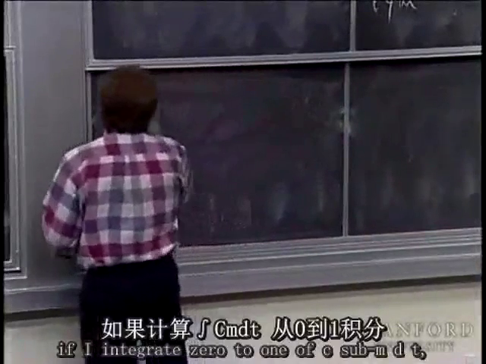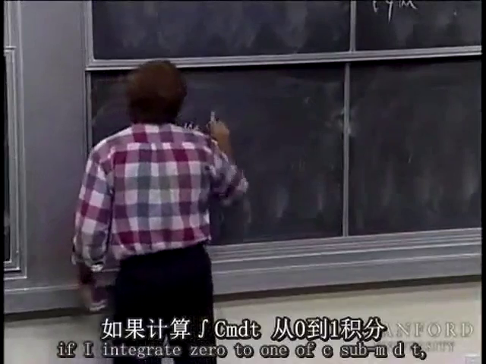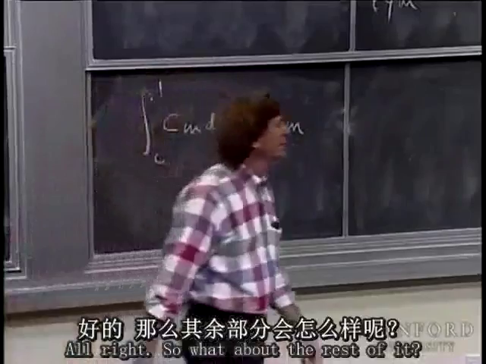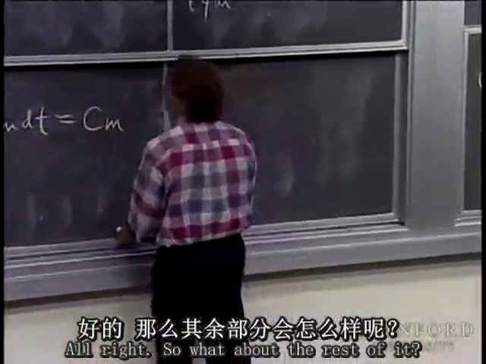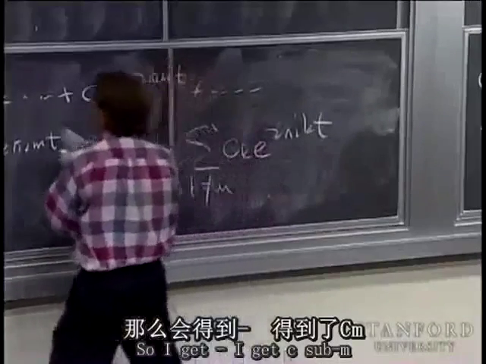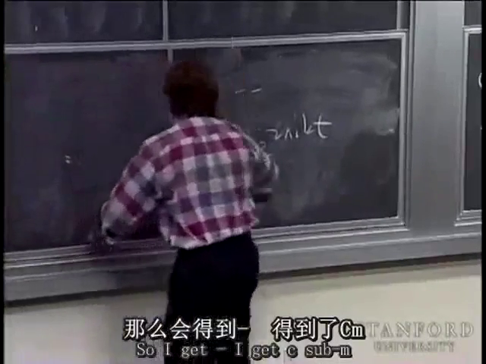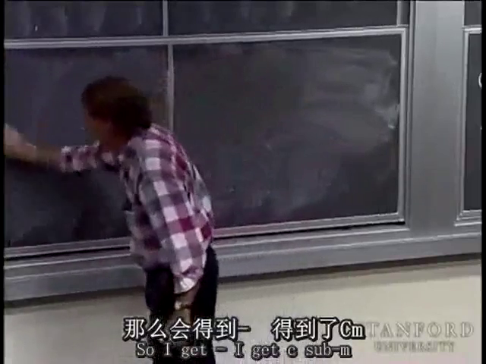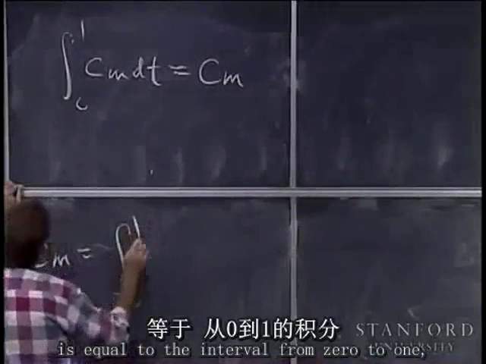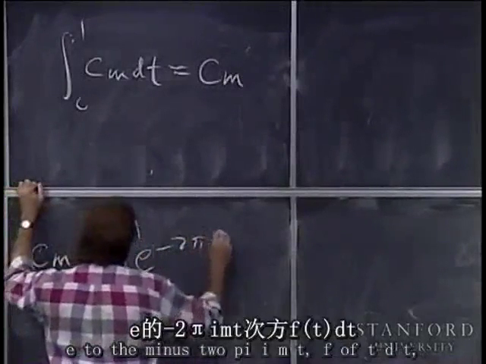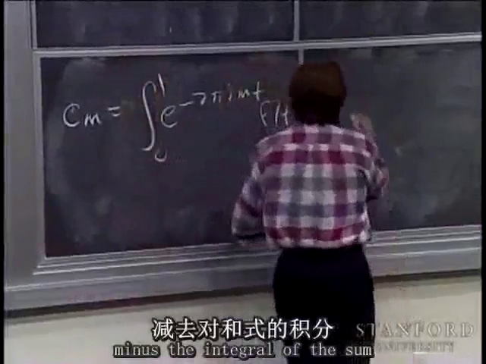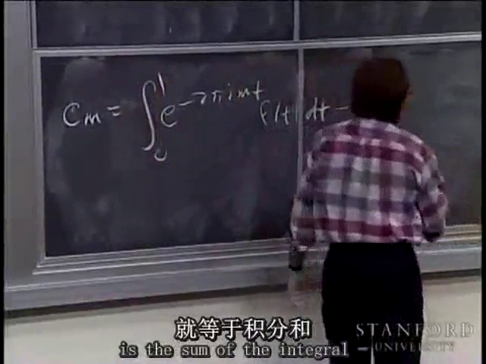Well, certainly if I integrate 0 to 1 of C sub m dt, that just gives me C sub m. All right? So what about the rest of it? So I get C sub m is equal to the integral from 0 to 1 of e to the minus 2 pi i mt f of t dt minus, the integral of the sum is the sum of the integral.